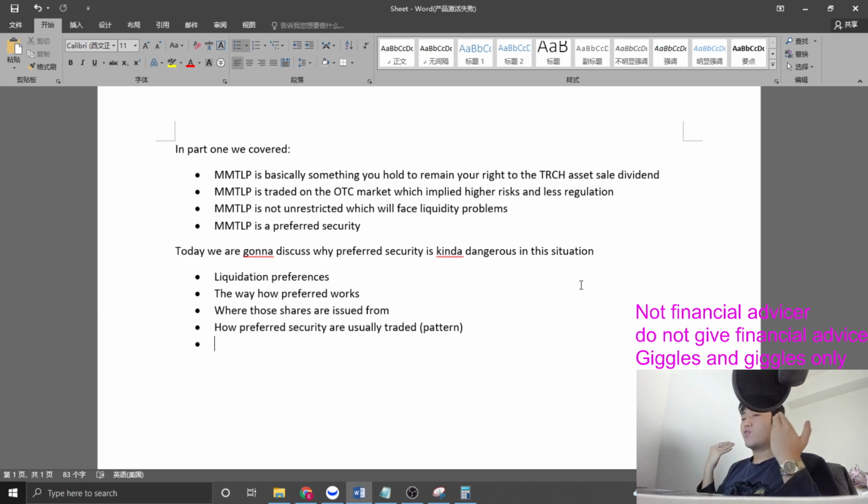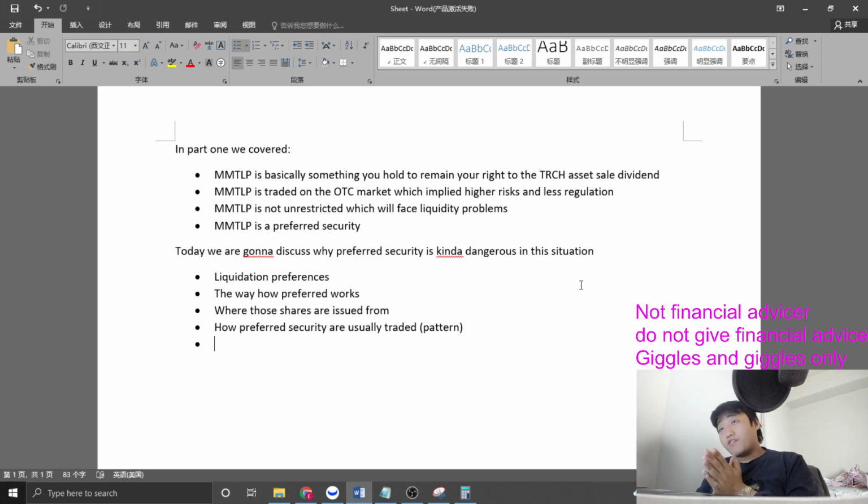Let's just say they sold it for 300 million, and we have X amount of outstanding shares of MMTLP. You divide the amount they sold for by the number of outstanding shares, and everybody gets X amount of dividend, right? That's the whole dividend payout sort of thing.